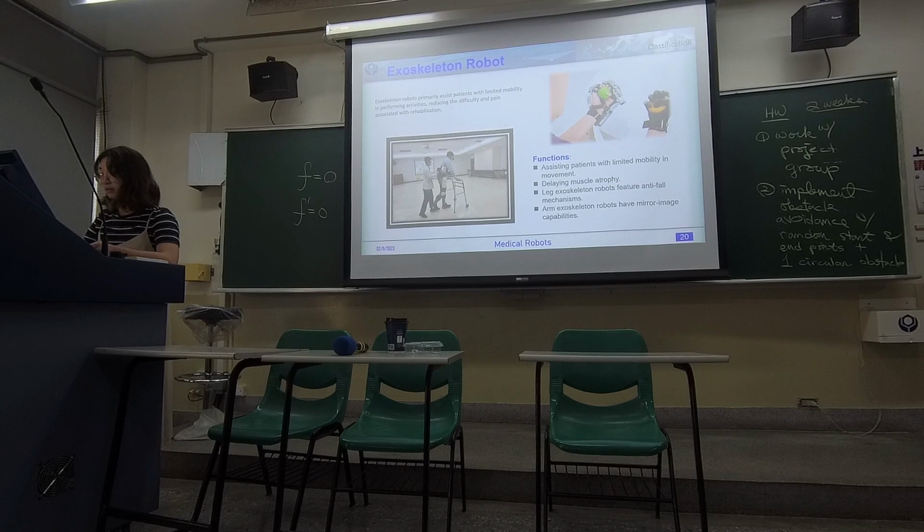These robots feature a fall prevention mechanism to safeguard patients from secondary injury due to falls. On the other hand, they offer a mirror function that allows patients to use their healthy limb to guide the injured limb through basic movement. Through extensive repetition of movement, this device aids in the recovery of the injured limb.